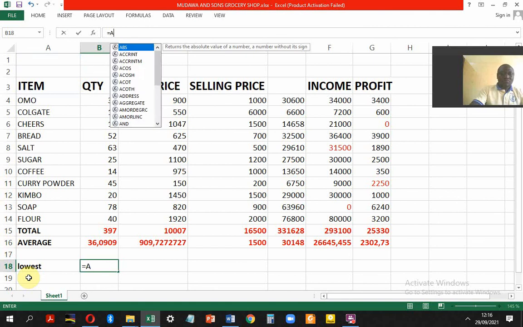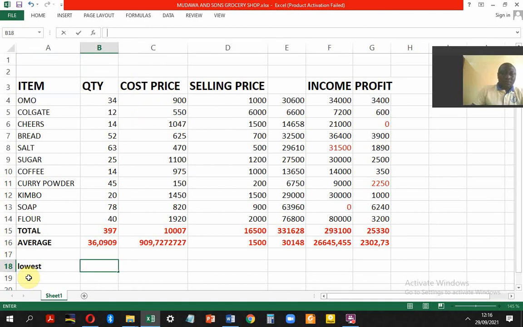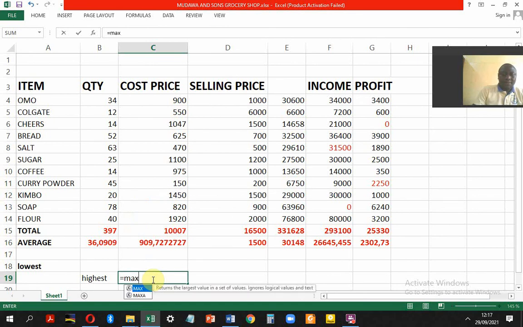So for the highest, we say equal sign max, open brackets. That is profits. Highest profits, is it so?